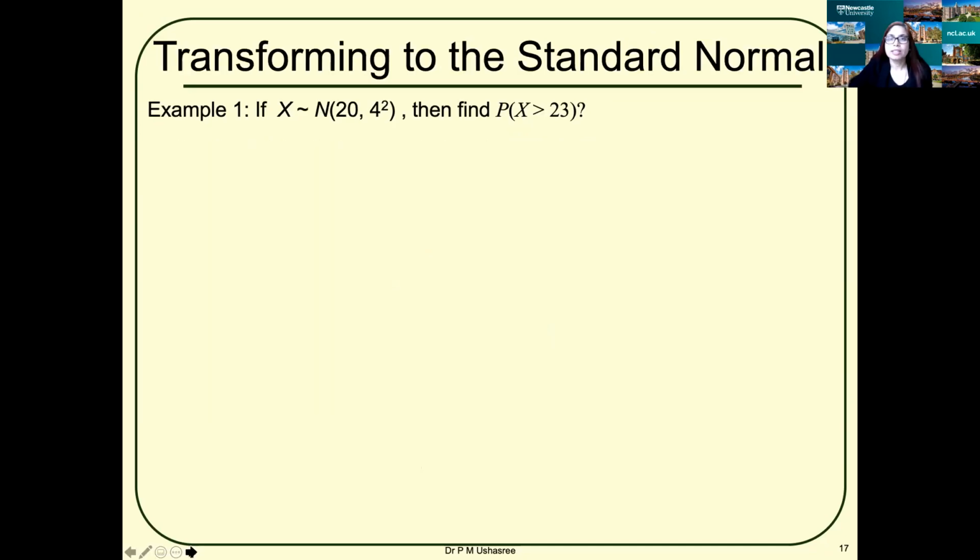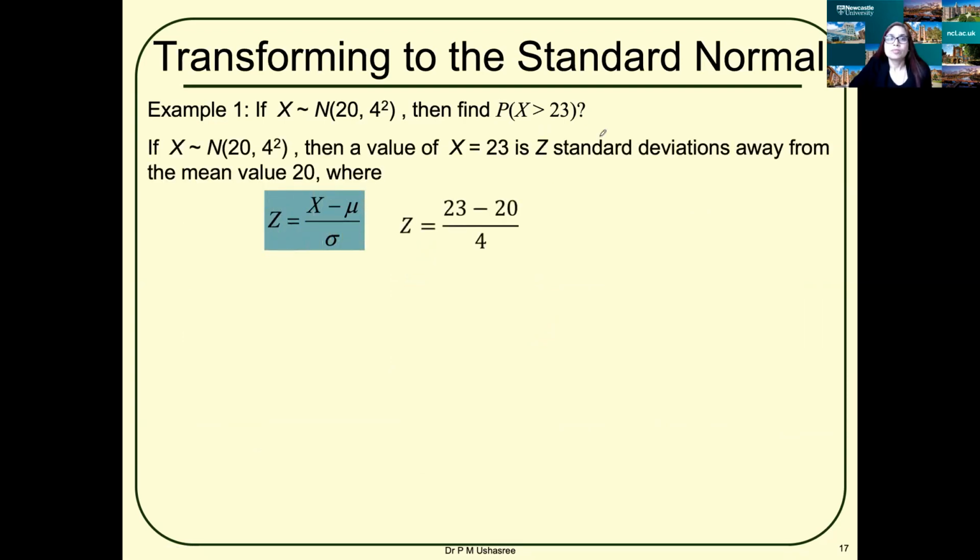Okay, so let's find the corresponding value of Z. So we substitute X equal to 23, 23 minus 20 divided by 4, and this value will be 0.75 standard deviations away from the mean.